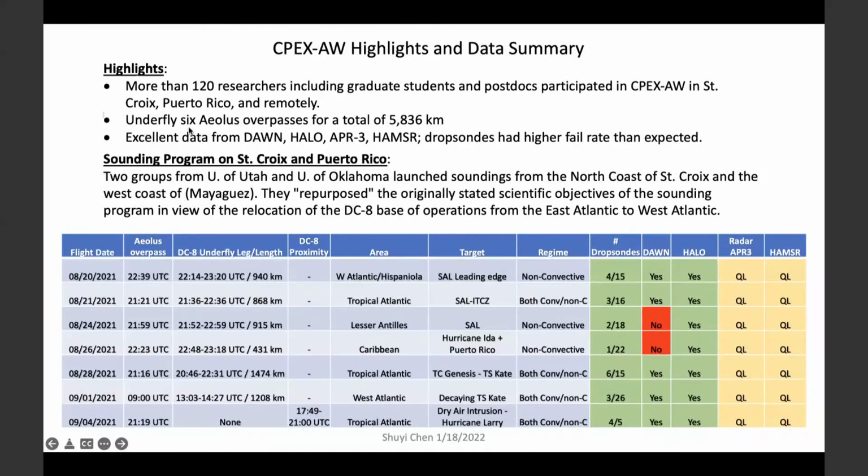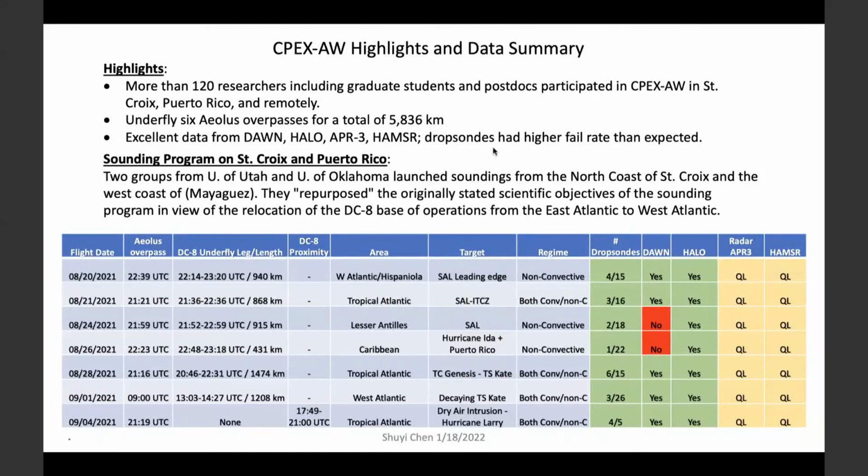We have underflown quite a bit of Aeolus satellite overpasses. We established quite a bit of Cal/Val work and flew close to 6,000 kilometers of data passes, even though we only did half of our field campaign. And our instruments operated really nicely, except that I'll talk a little bit about some lessons learned.